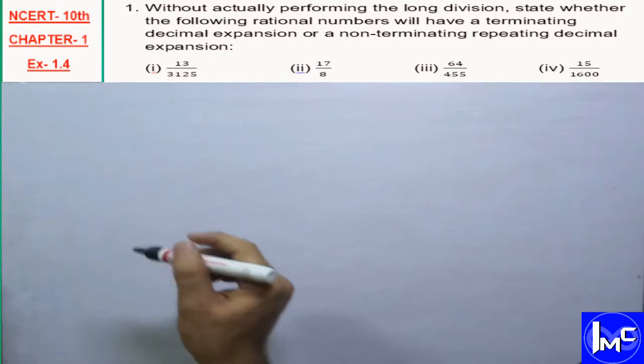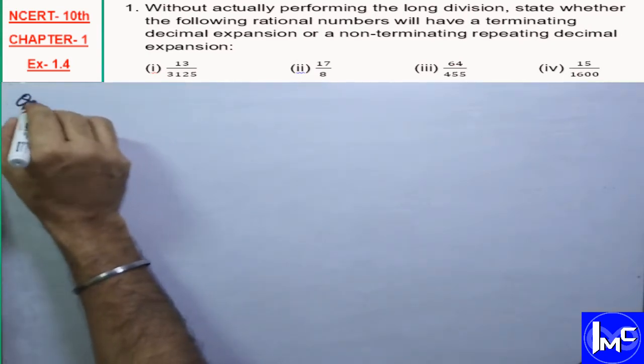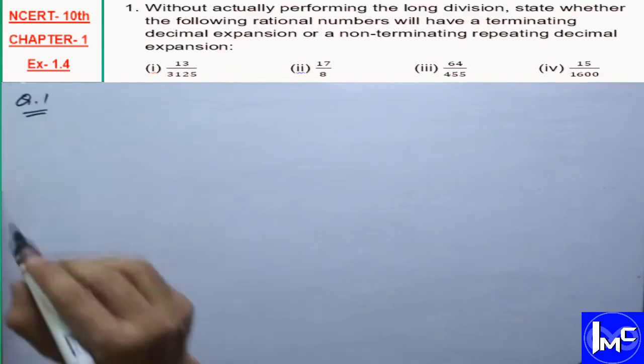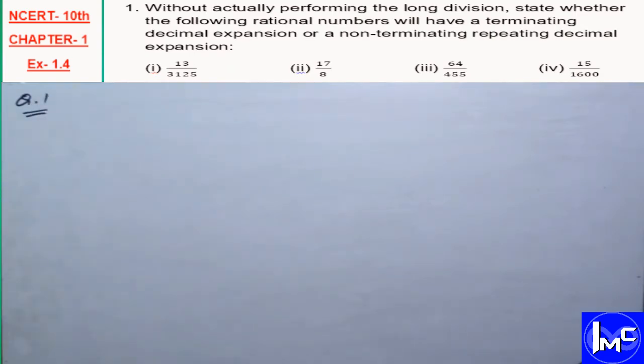Question number 1. Without actually performing a long division, state whether the following rational numbers will have the terminating decimal expansion or a non-terminating decimal expansion.